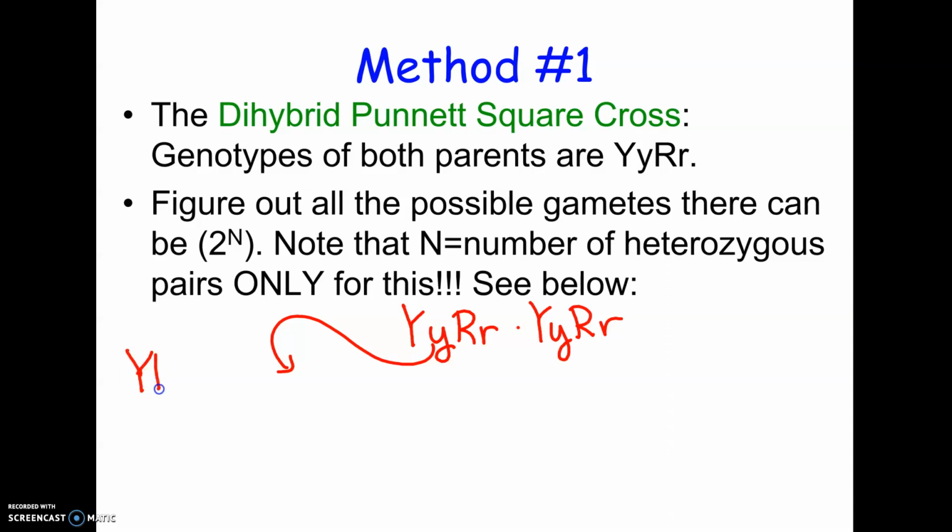So that could be big Y with big R, big Y with little r, little y with big R, little y with little r. Again, why am I putting it with 1 Y and 1 R? Because we're representing meiosis, that it's going to give a random copy of Y and a random copy of R. And these are the 4 possible outcomes.